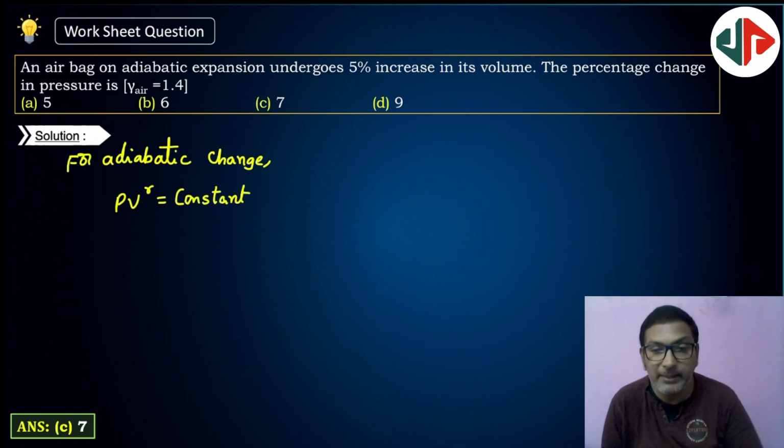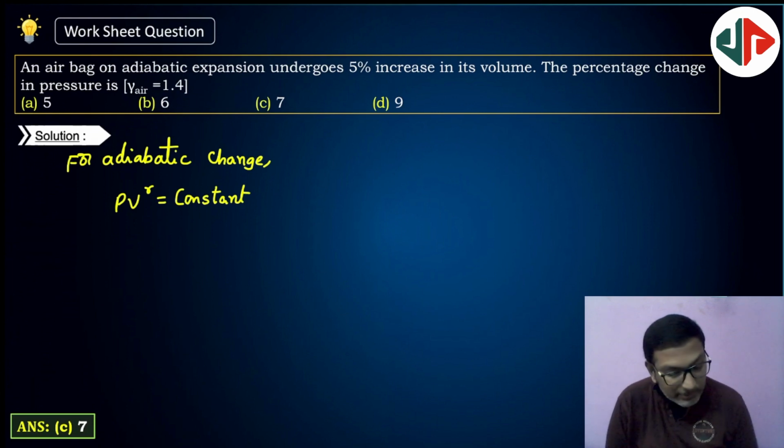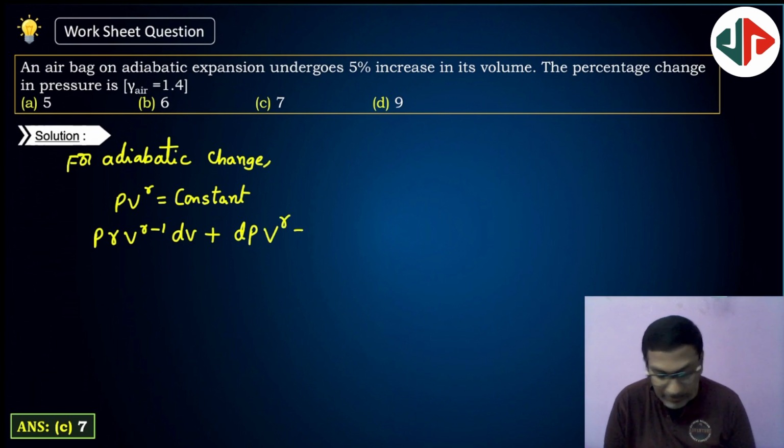So differentiating, first P into gamma into V power gamma minus 1 into dV plus dP into V power gamma equal to 0.